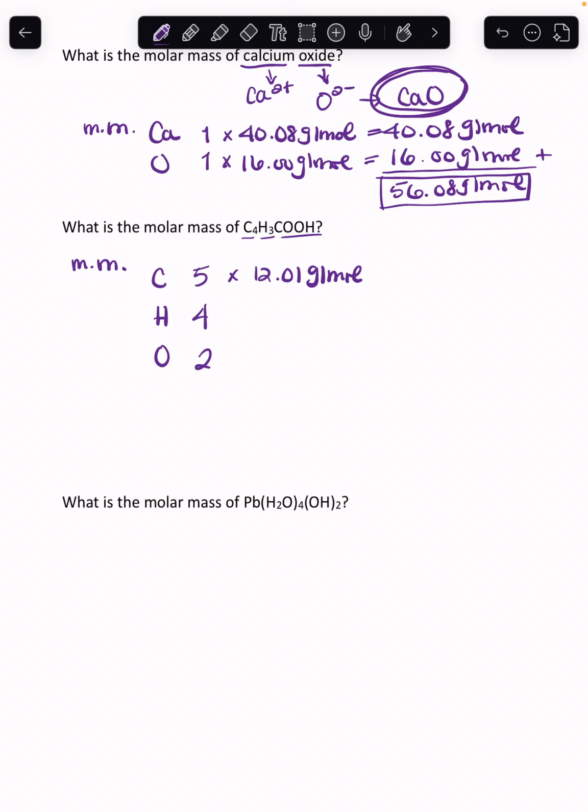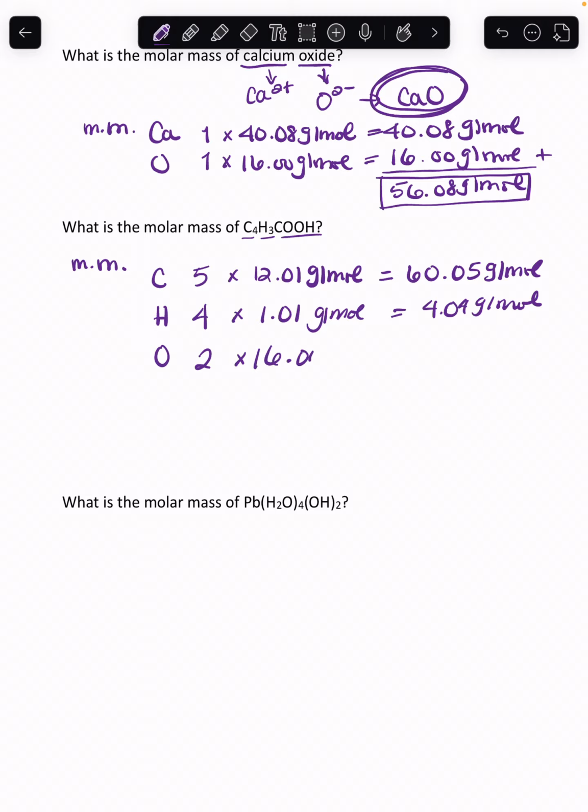For carbon, it's 12.01. If I multiply it out, I come up with 60.05 grams per mole. For hydrogen, it's literally just 1. 1.01 is what I'll use. Multiply it by 4 and you get 4.04 grams per mole. Last would be oxygen, which is 16 grams per mole.